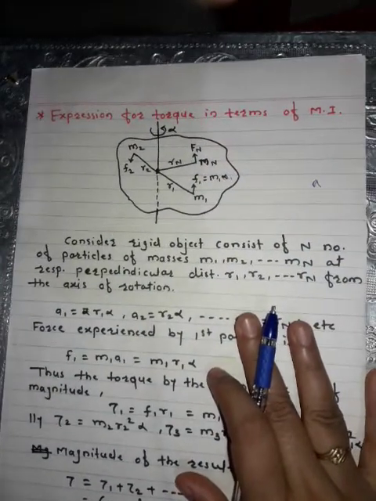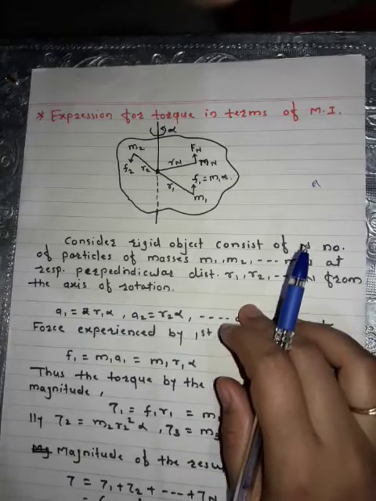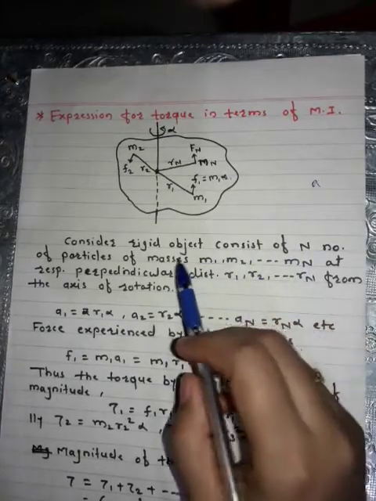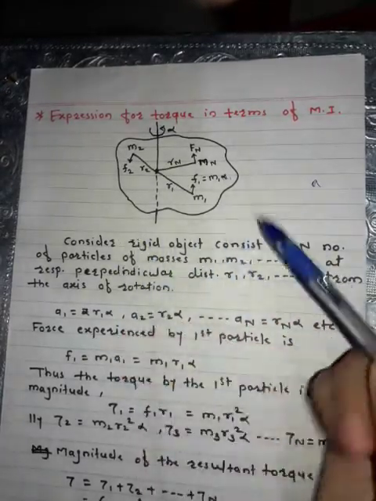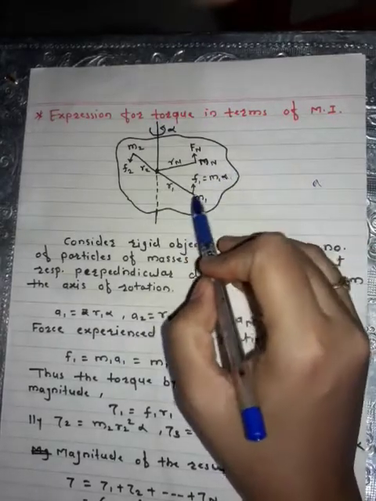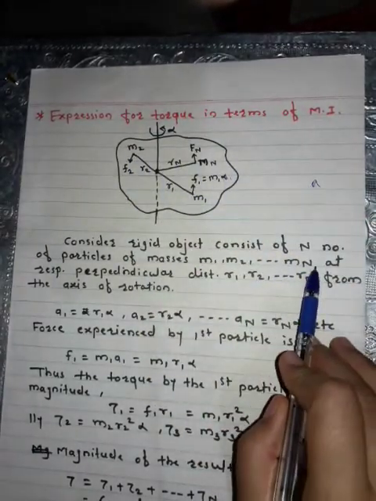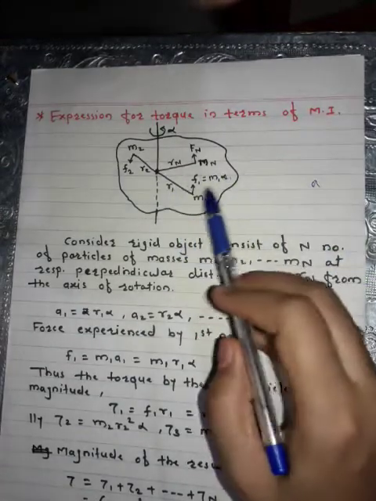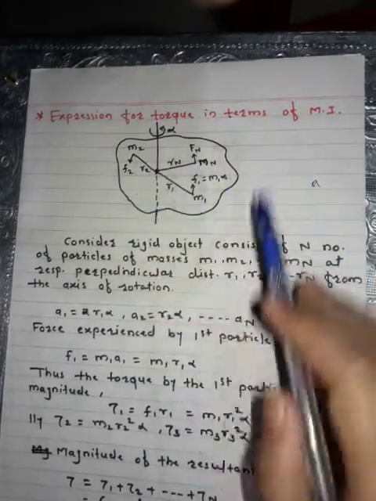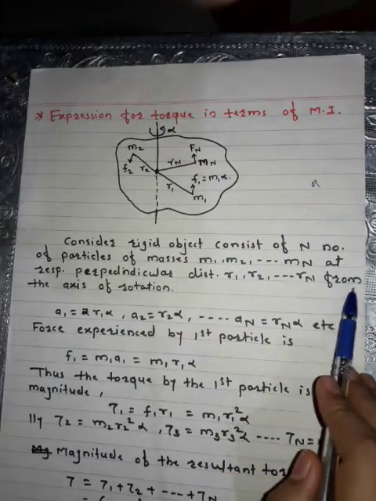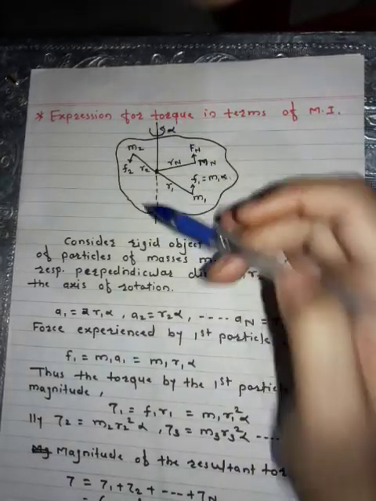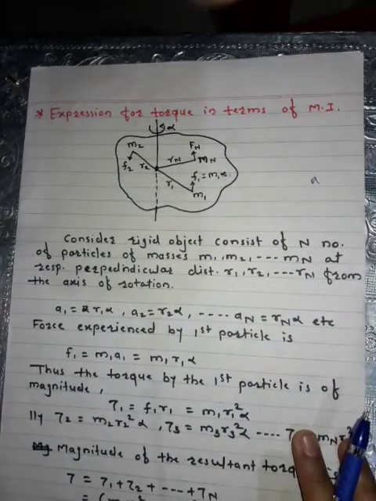plane of the paper. Now let us consider the object consisting of n number of particles having masses m1, m2, ..., mn at respective perpendicular distances r1, r2, ..., rn from the axis of rotation.